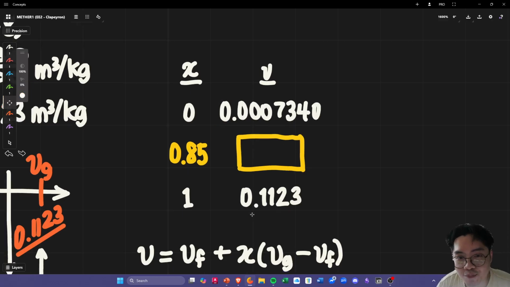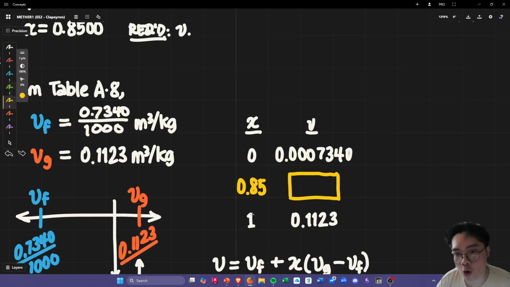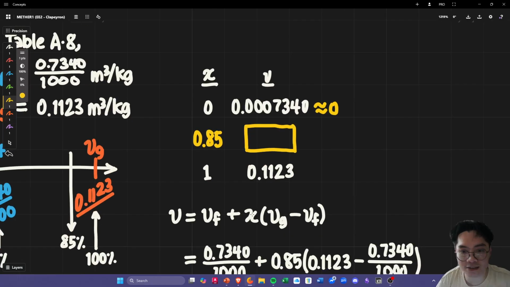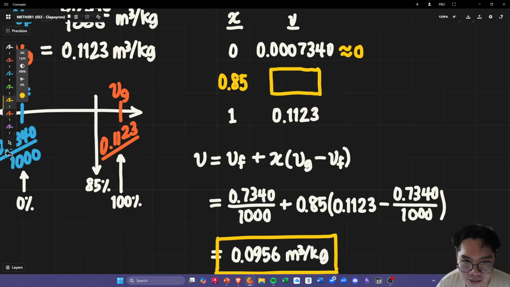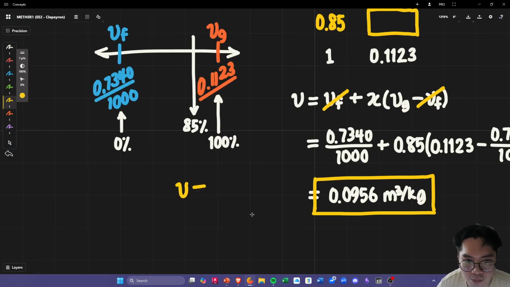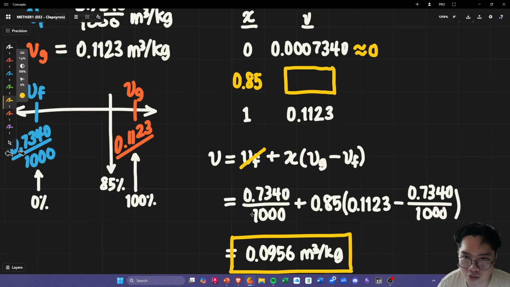So what a lot of people do when they're approximating VF, when you don't have the time, is just say that this is approximately 0. That makes things a whole lot easier, because now, look at this. Cancel. Your value of specific volume V is approximately equal to X times your VG. That's it. Please don't do this often.